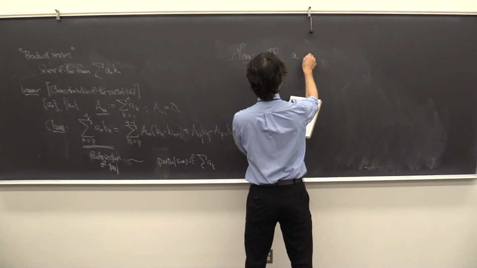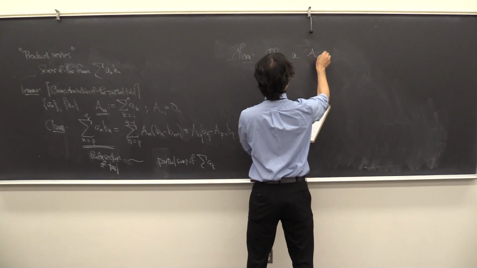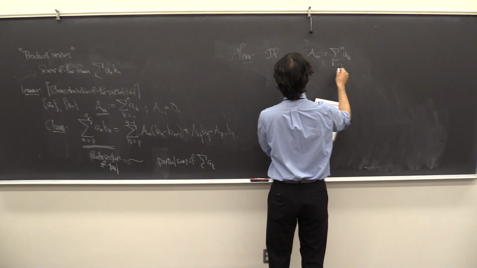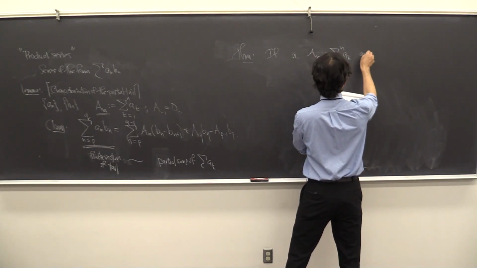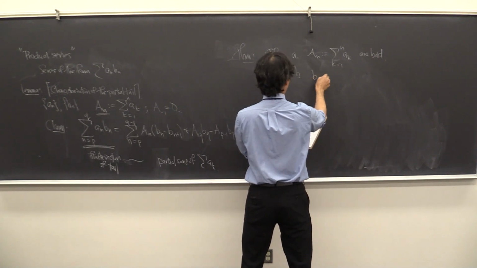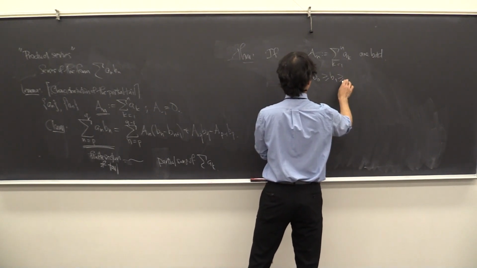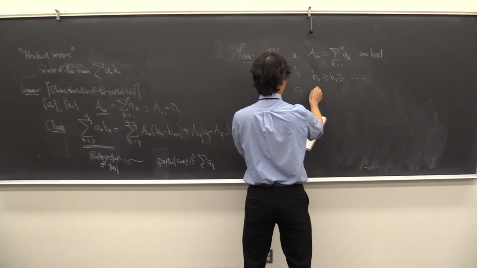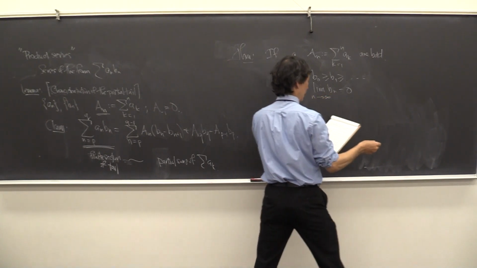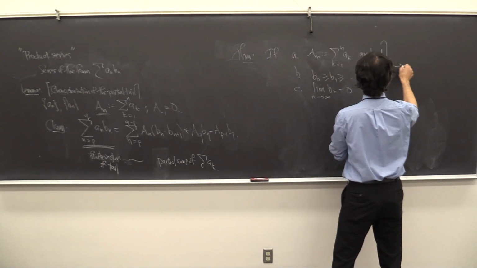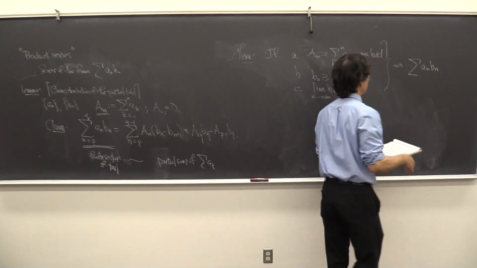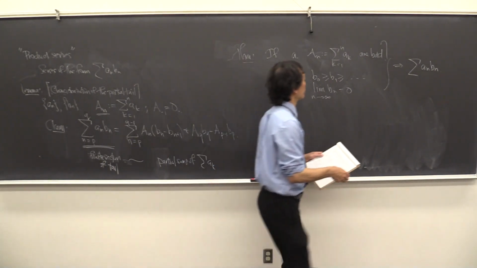If you know that the a sub n, which we'll define in the same way as before, if 1, the a sub n are bounded, 2, the b's are decreasing, and 3, the b's limit is 0, then this product series converges.